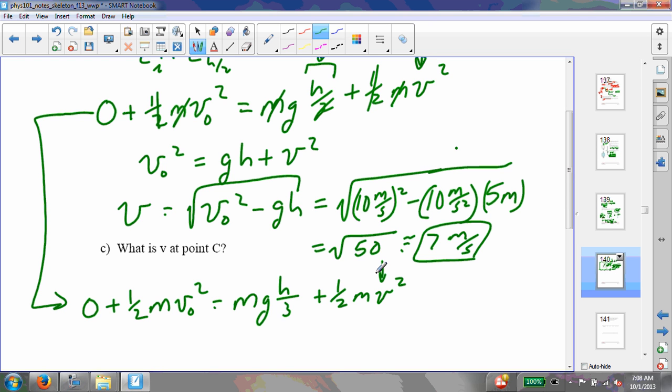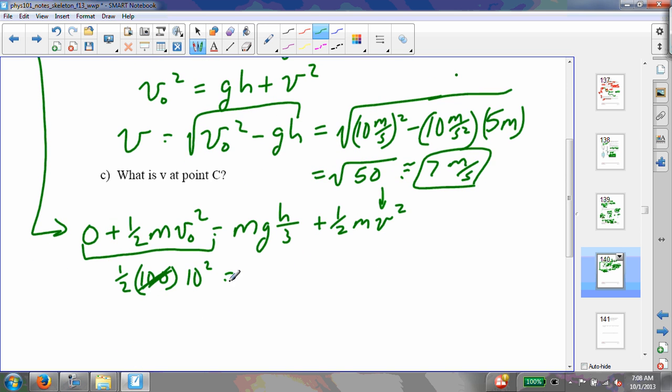I can do this in a slightly different way. Since I know the mass, I'm just going to say, well, I know what my original energy is, because my mass here is 100 kilograms. So I can say 1/2 times 100 times v naught, which was 10, squared. Actually, no, I'm not going to do that. Leave out that 100. Sorry, that'd be silly because my masses cancel all the way throughout.